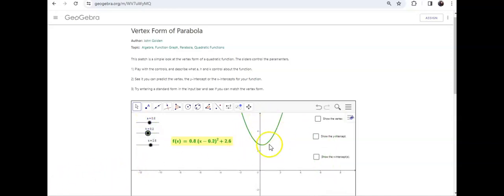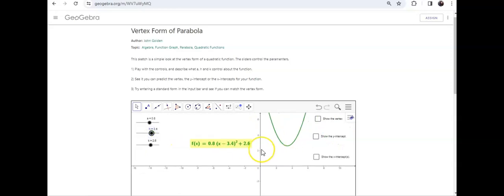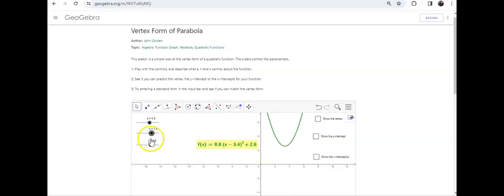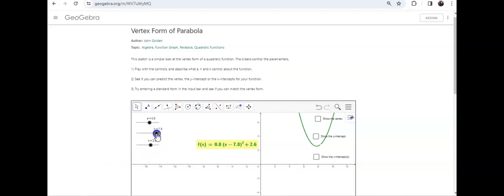Now, the location of the parabola changes. Let's move the h slider. If h is large, with positive values, for example, the parabola moves to the right. If h is negative, the parabola is somewhere at the left.